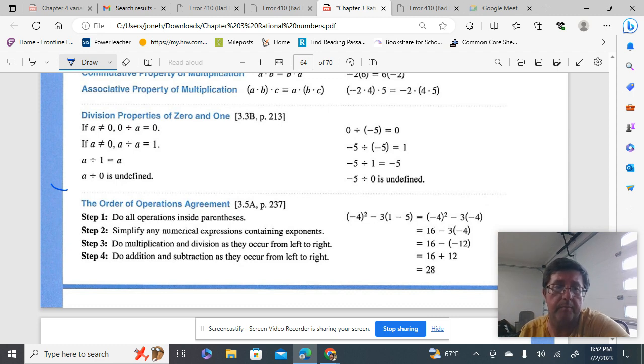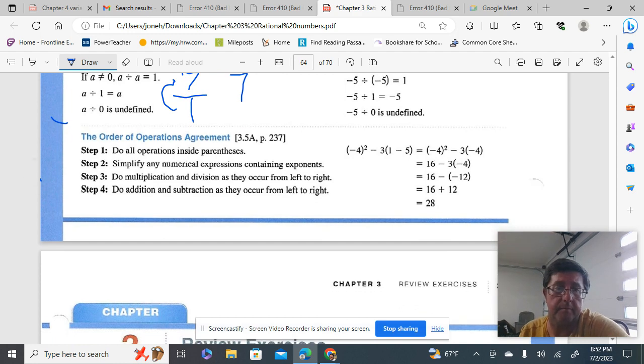Okay, so a divided by 1 is always a. So if we want to make a number into a fraction, we just put it over 1, because this number divided by 1 will always equal the top number.